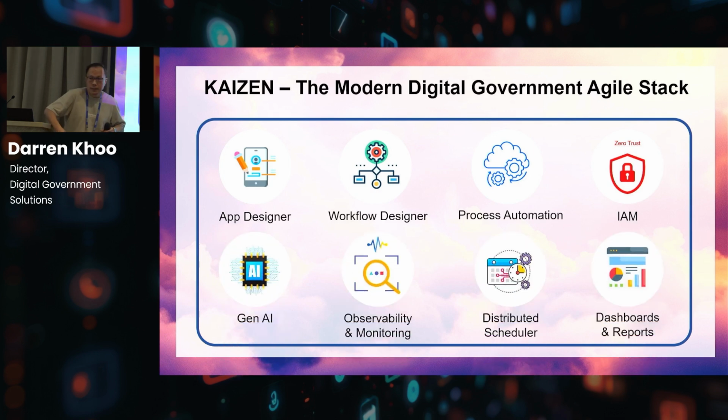Okay. So Kaizen is what we think is the Agile stack to deliver your digital government apps. It has an end-to-end set of features and components that serve you across the life cycle of the system, all the way from design and development to operation. For example, it has an app designer that helps you create your front-end UI design quickly through drag and drop.